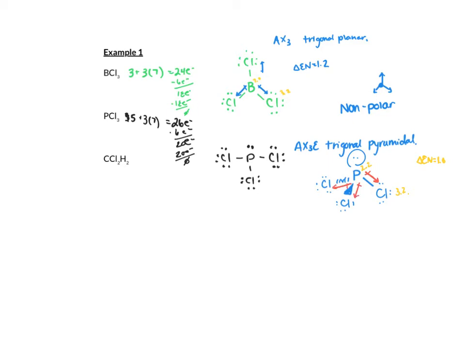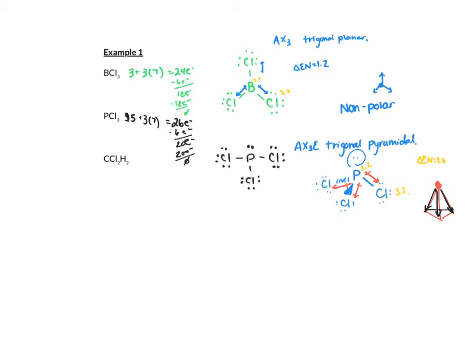Now, again, it's tricky without the molecular models, but recognize that this is like a pyramid where phosphorus is at the top. It's harder to see in this case, but phosphorus is at the top and each chlorine is pulling downwards equally. That would be along the back side of our pyramid.